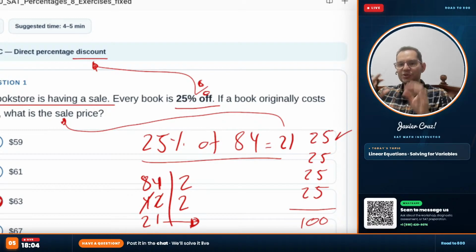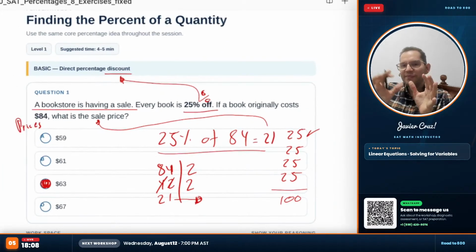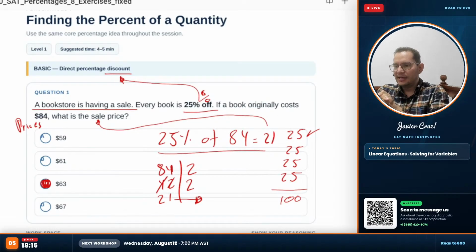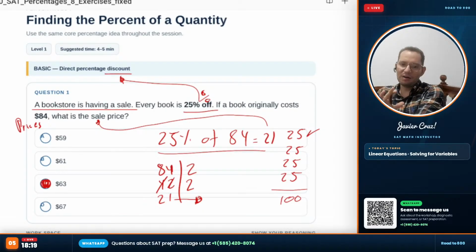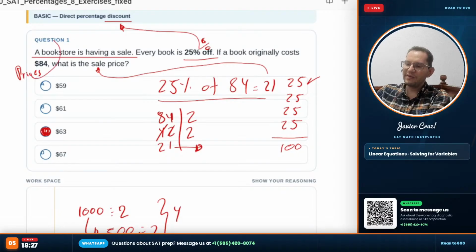Look at this. You need to differentiate between the 25% off, which is the $21, and the final price. The final price includes the discount. When I say it includes the discount, it means that we need to subtract 21 from 84.